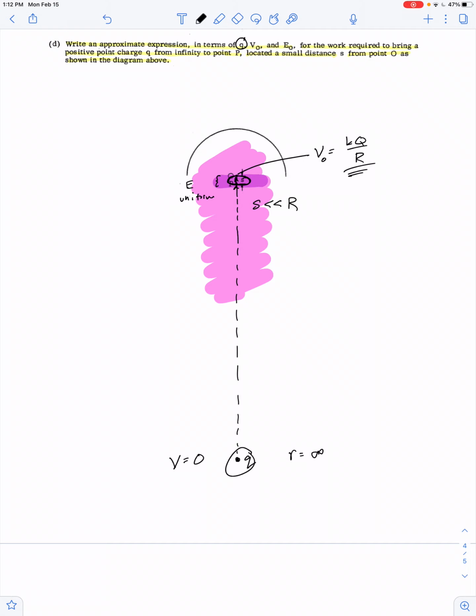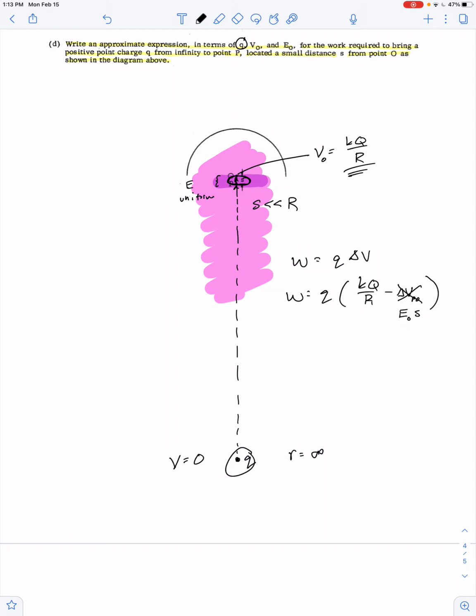Here we need to say that the amount of work is equal to Q times delta V, which means the work is Q times kq over r minus just a little bit of potential difference between points P and O. And what would that be? Well, that would just be E naught times S.